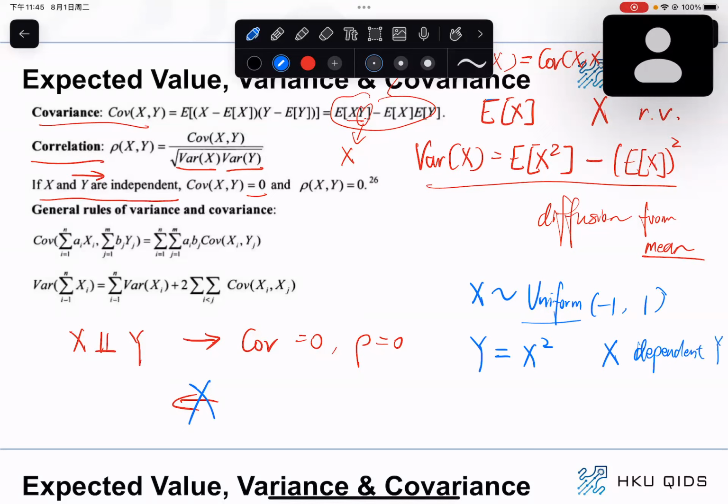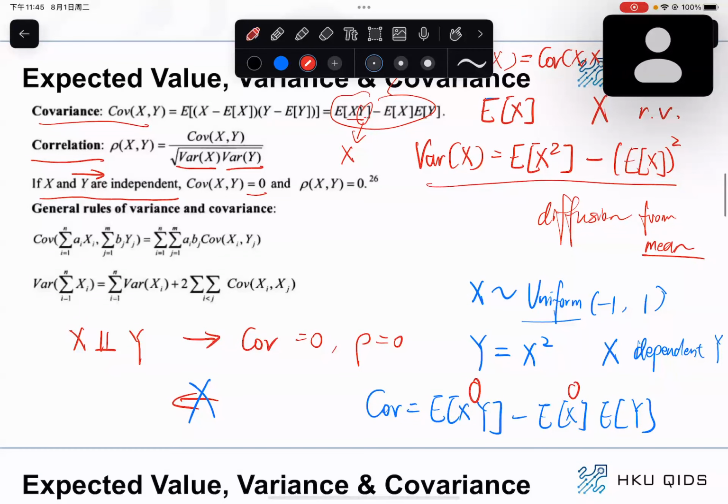But are they uncorrelated? Yes, because the covariance is going to be E[XY] minus E[X]E[Y]. And we are going to have this is 0, this is 0, and this is 0, and it equals 0.